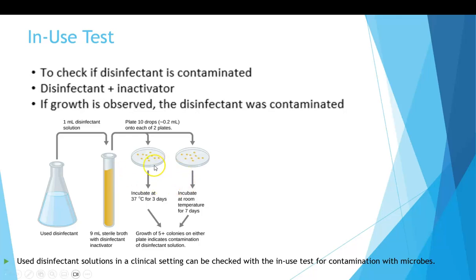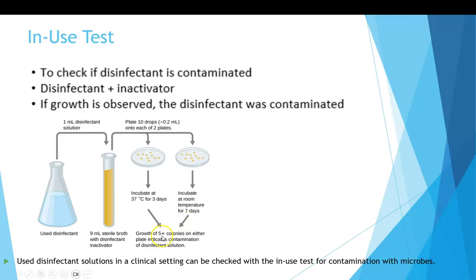Then they culture it on 2 different Petri dishes, usually putting 10 drops on each plate. They keep one plate at 37 degrees Celsius for 3 days, and the other at room temperature, usually between 20 to 23 degrees Celsius, for 7 days.